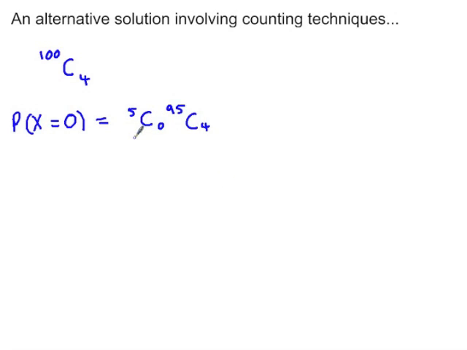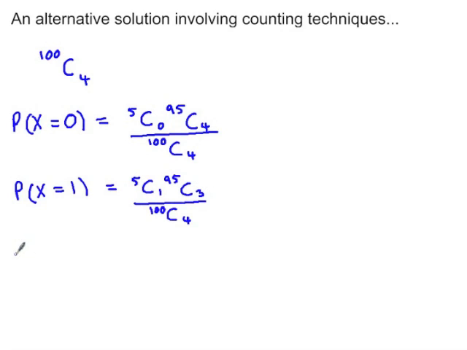So this is our numerator, and the denominator is the total number of ways of choosing the 4 components. Similarly, probability that we have 1 faulty component is 5 choose 1 multiplied by 95 choose 3, and so on.